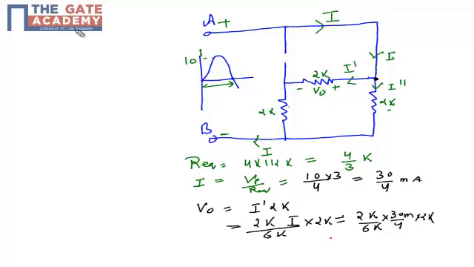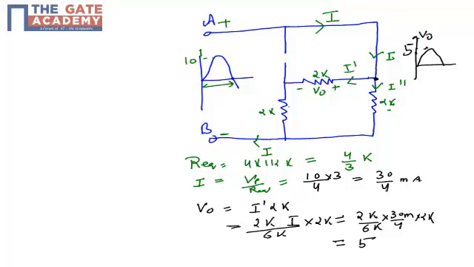If we simplify this expression, it comes out to be 5. So for the positive half cycle, my output V0 will be in phase with the input with a magnitude of 5. This will be my V naught.